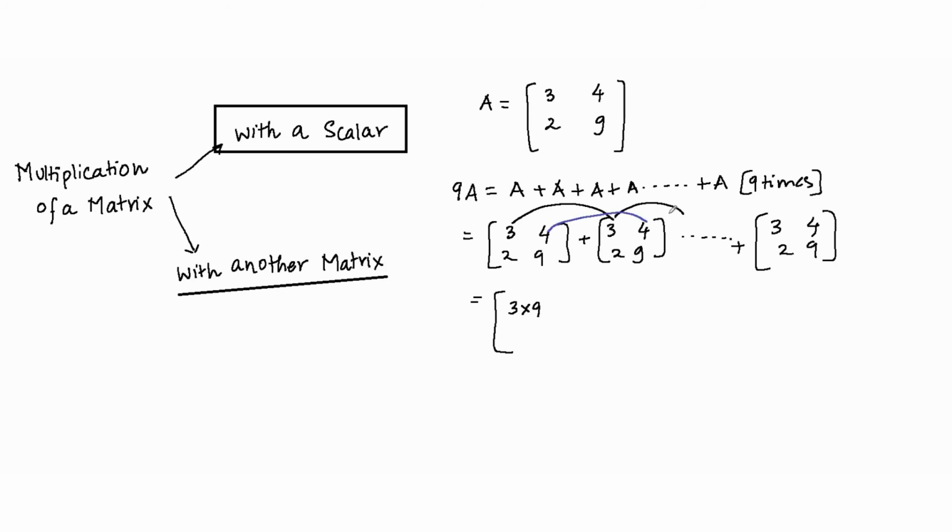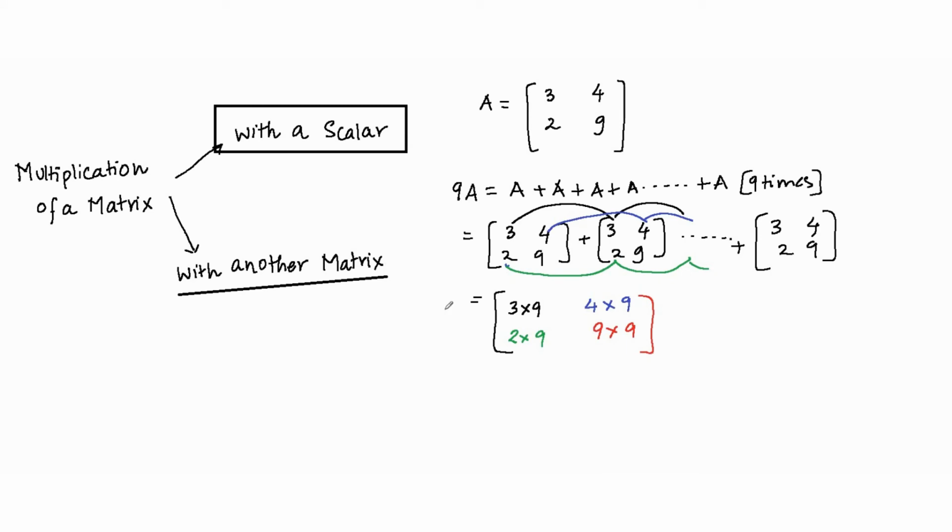So 4 plus 4 plus 4, and this goes on for 9 times. So that is equivalent to 4 multiplied by 9. Similarly, the element 2 also gets added 9 times, which means it is 2 multiplied by 9. And then the last element is also going to be 9 added 9 times, that is 9 multiplied by 9.